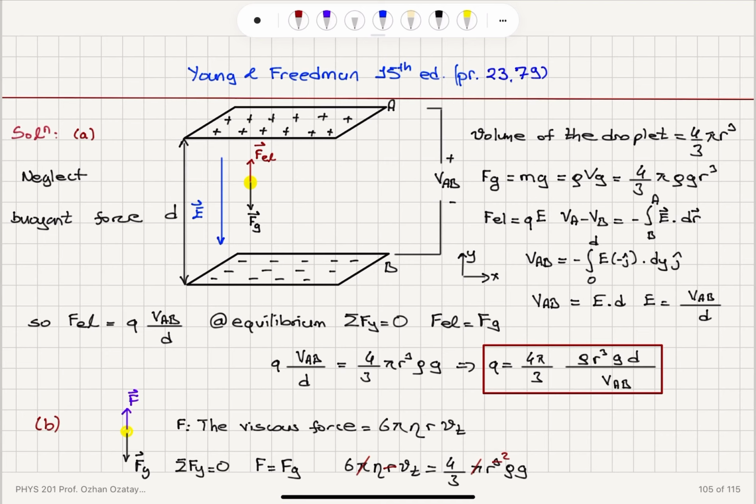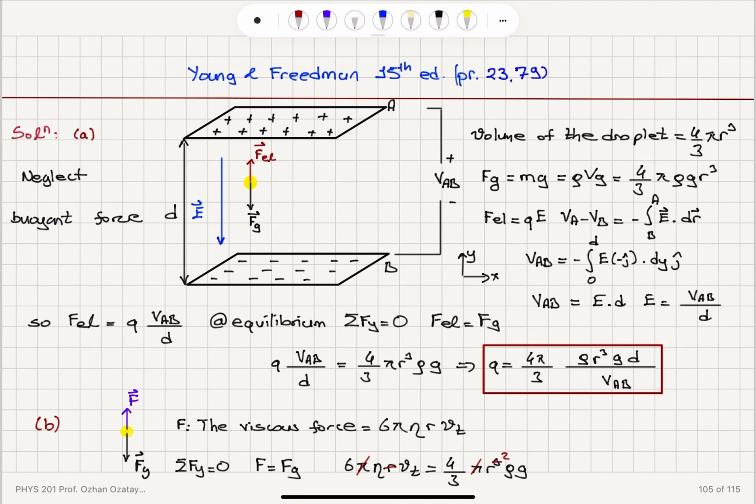And for the electric field, since the potential difference VAB is minus the path integral from the starting point to the end point of the dot product of electric field with displacement, we find that the electric field is the potential difference VAB divided by plate separation D. If we substitute this for E in the electric force, and note that at equilibrium we have zero net force, the electric force balancing the gravitational force, we obtain the charge.